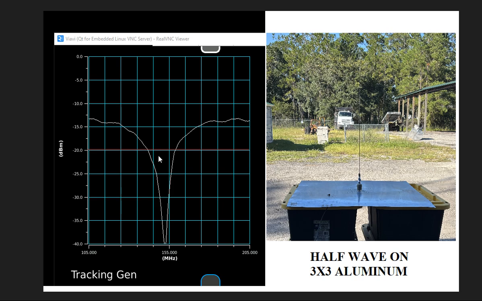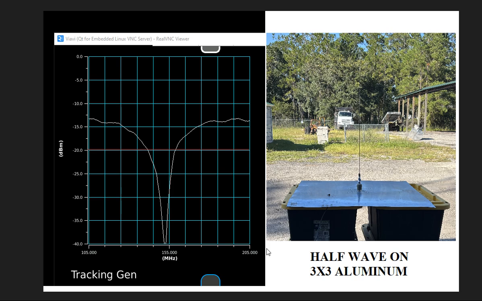So this gives you the ability to really tune it in to where you get essentially no reflected power on your transmitter. And that's the ideal, because you really want to try and shoot for 20 dB if you can. So you have a good window of 20 dB right here.